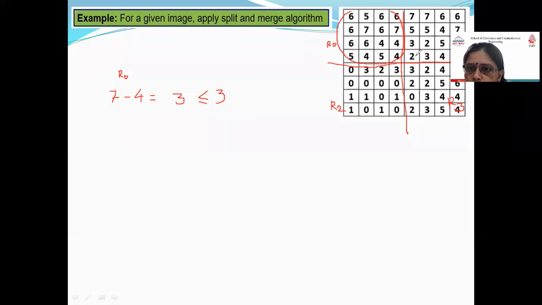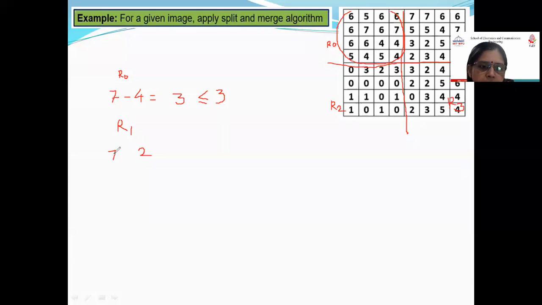Now if we go for R1, what is the minimum value? Please type in the chat box. What is the minimum value for this region R1? The minimum value is 2 and the maximum value is 7.